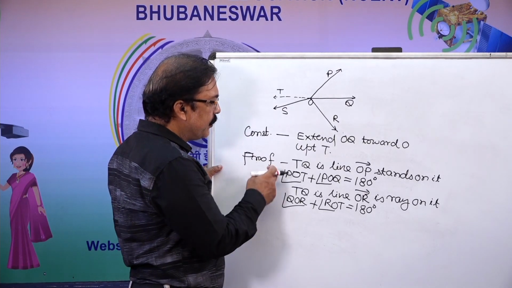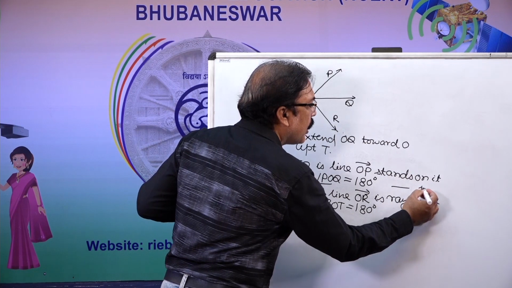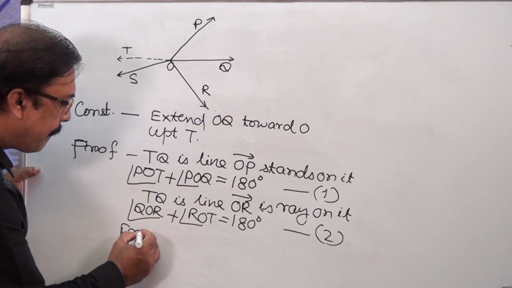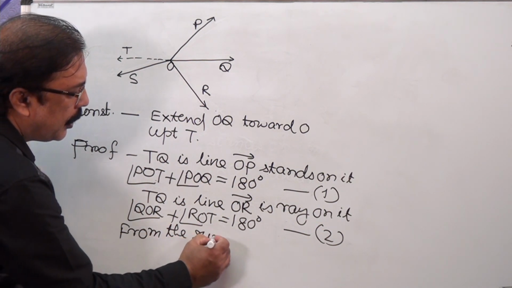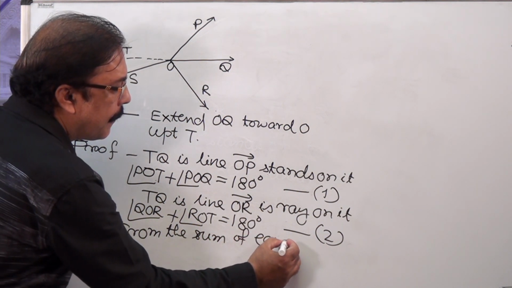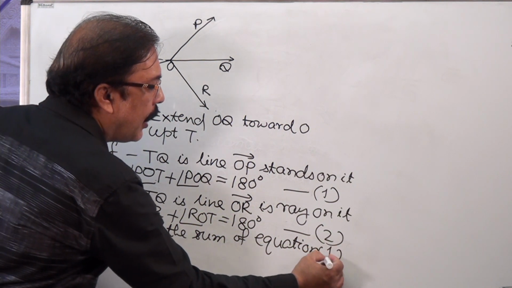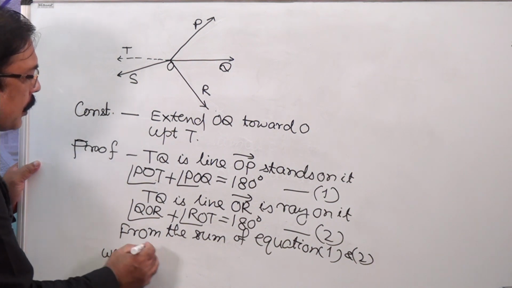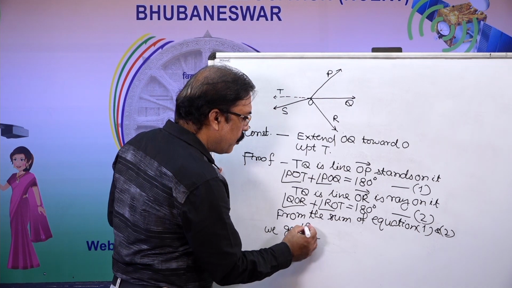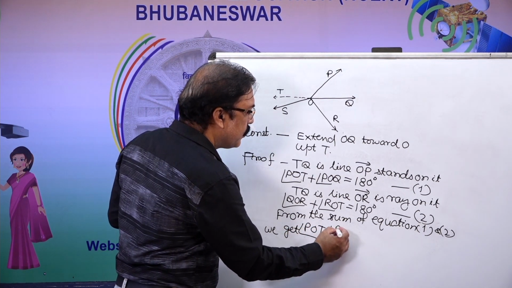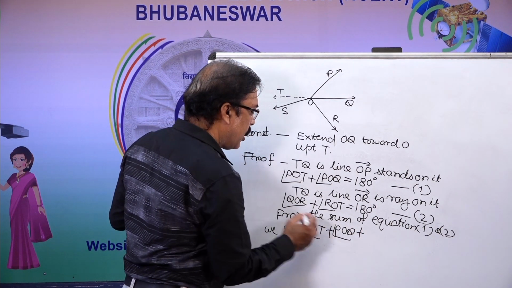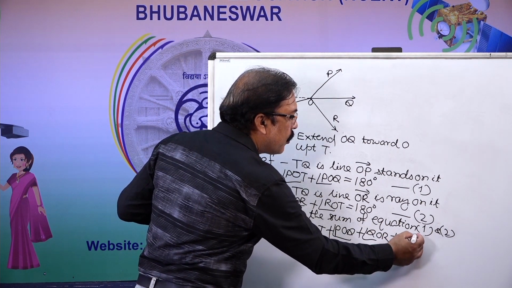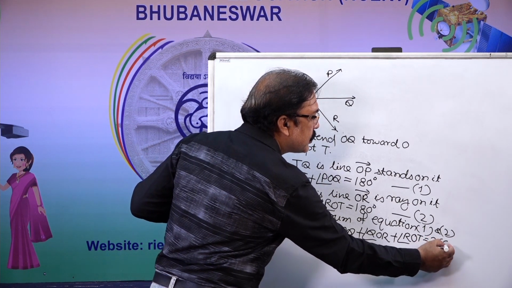Now if you take the sum of these two equations, say equation 1 and equation 2, from the sum of equation 1 and 2, we get on the left side POT angle plus POQ angle plus QOR angle plus ROT angle is equal to 360 degrees.